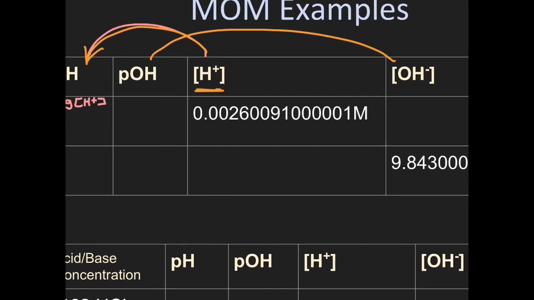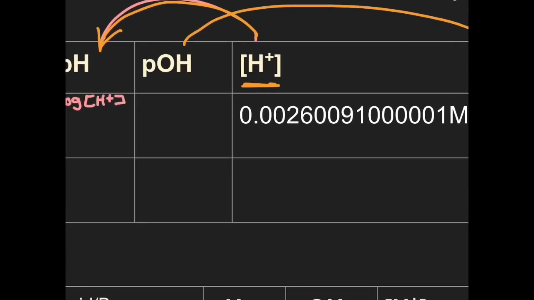So when I take the negative log of this number that you see written here, 0.0026, etc., and punch that in your calculator, you're going to get a pH of 2.58.